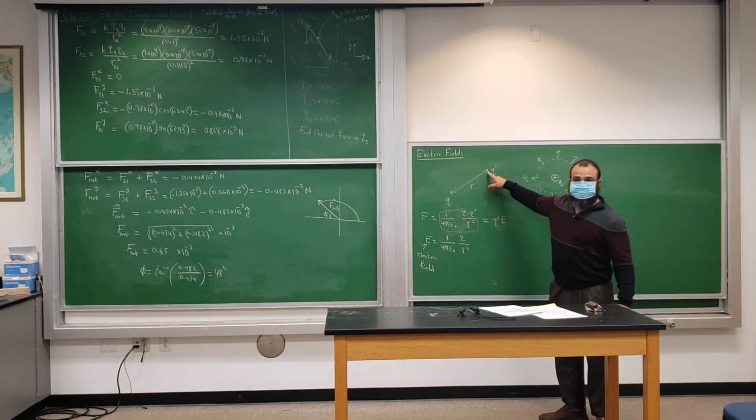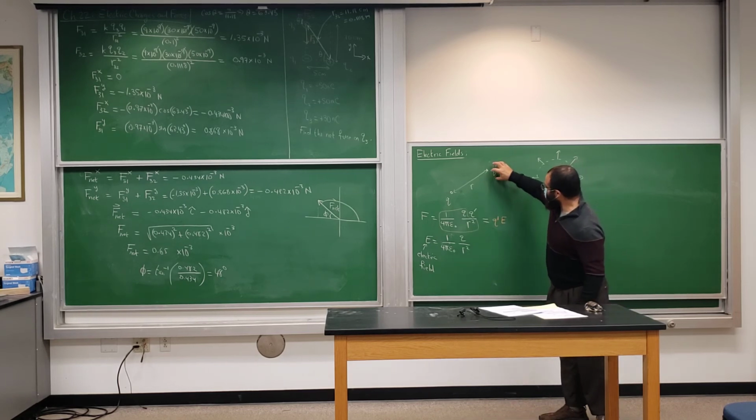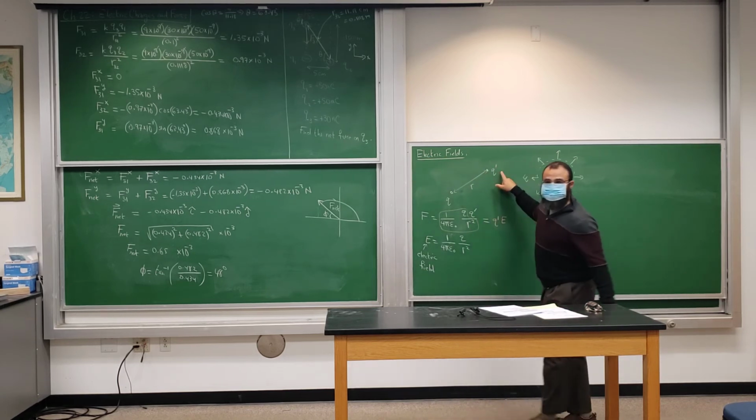But the electric field is everywhere. So if I take this Q prime and place it here, it would experience another force, right? And that force will equal whatever the value of the electric field here is times the charge Q prime. That makes sense.